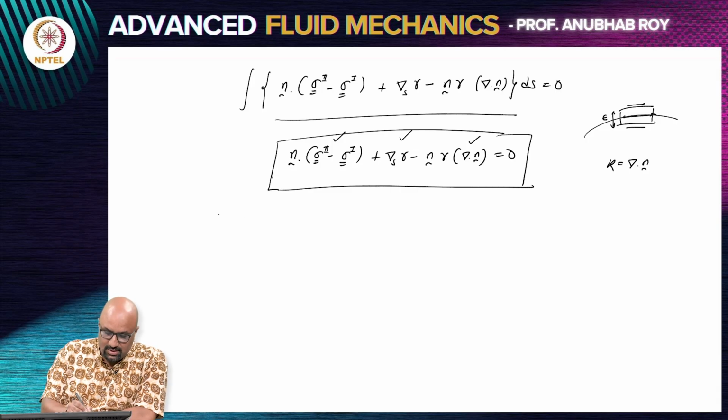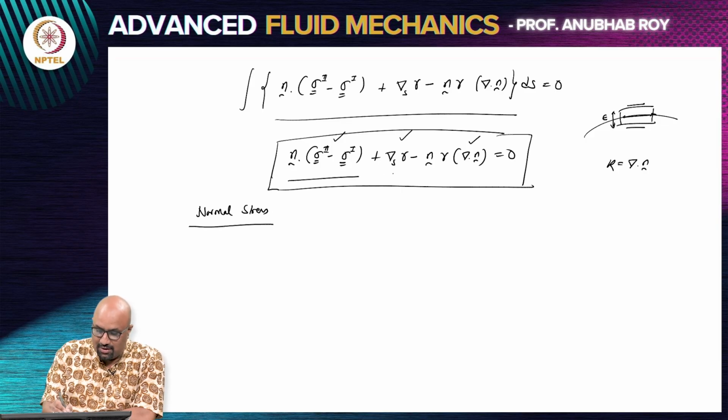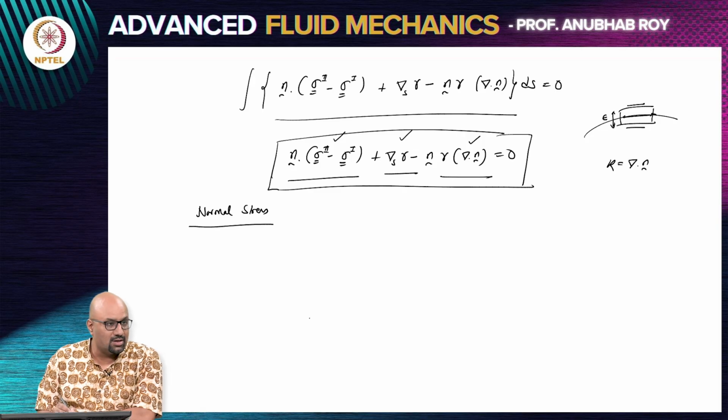So what I will do is split this force balance, because finally what you have in each of these terms are forces. Everything is an order 1 tensor, everything is a force here. So we will try to do balances for the force, one in the normal direction and the other in the tangential direction to the surface.